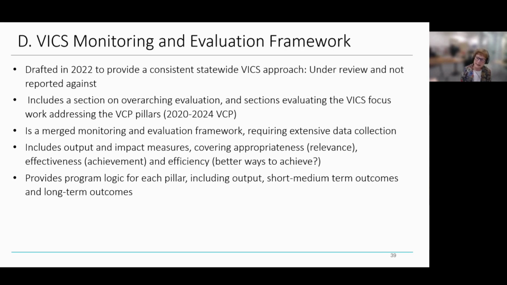It does provide very good program logic on achieving each of the pillars of the Victorian Cancer Plan that was in process when the outcomes framework was developed. And it provides output, short-term and longer-term outcomes. So it's a very interesting place to start or to consider when you're thinking about demonstrating the impact of the VIX.